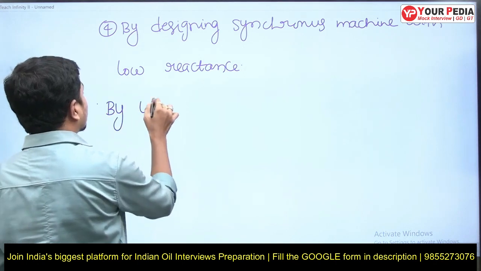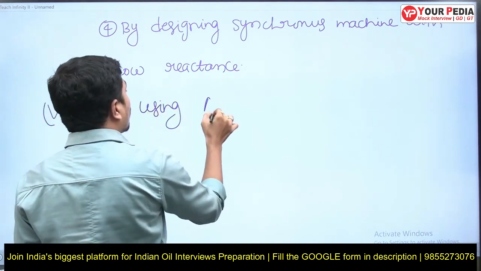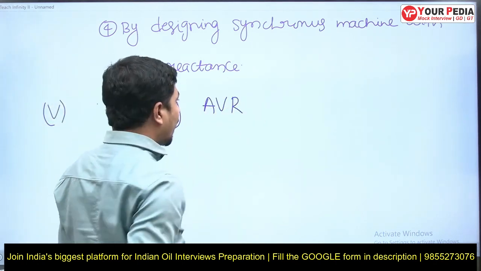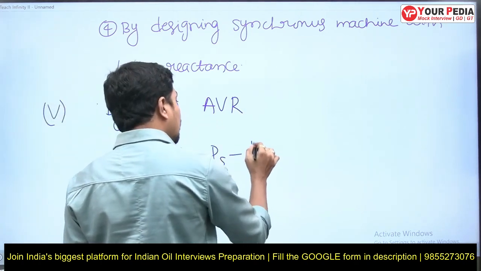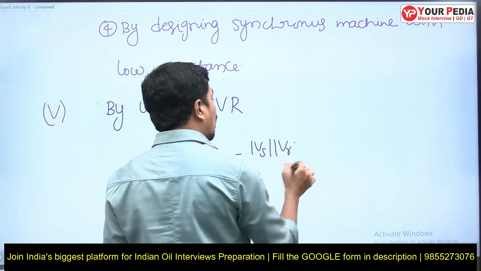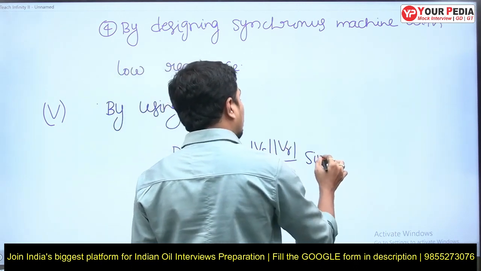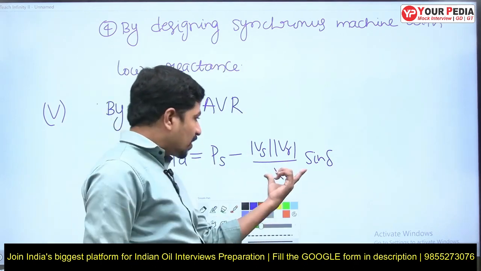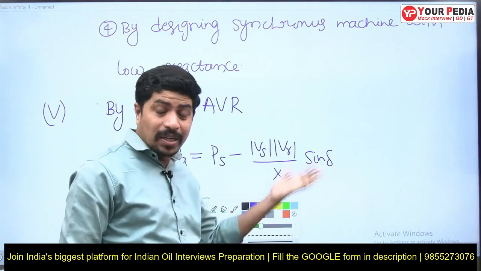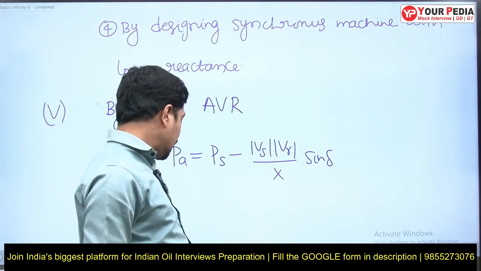By using automatic voltage regulator, what will it do? PA is equal to PS minus PE, which is |Vs||Vr| by X into sin delta. What happens is, whenever a fault occurs, this PE will decrease due to the fault.